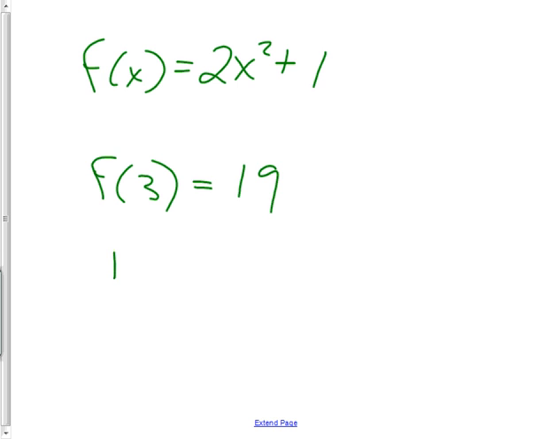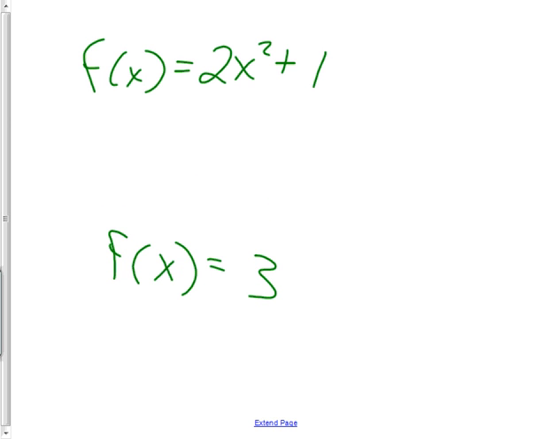How about f of x is equal to 3? Did I tell you x or did I tell you y? I told you y. So don't stick it in here.